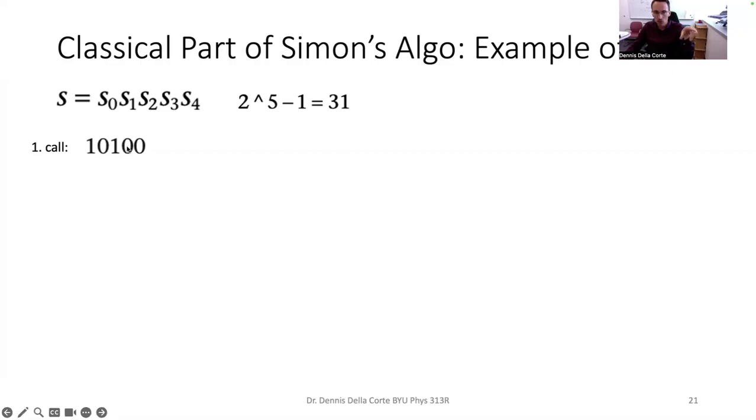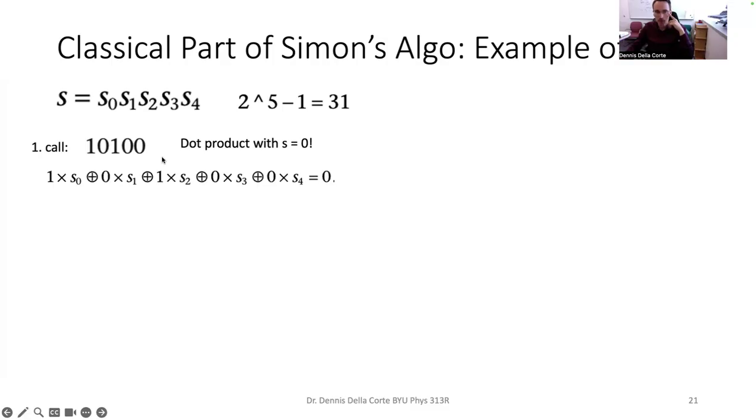Okay, so the first call gives us this random string. And now we try to use it. What do we do? Well, we know that the dot product of this string with S is equal to 0. So we can write out that 1 times S0 XOR 0 times S1 plus 1 times S2 and so on is equal to 0. This is just writing out the dot product. If we do that, we see that all of the terms that have a 0 here are just going to vanish.